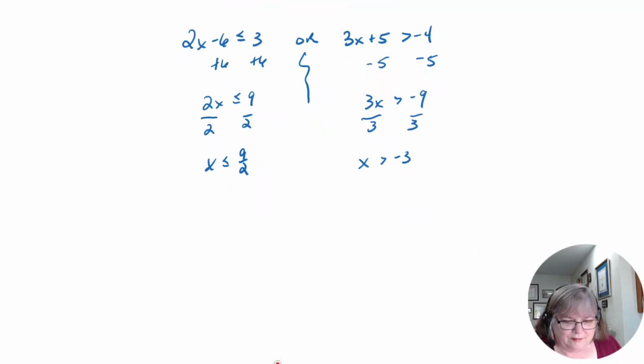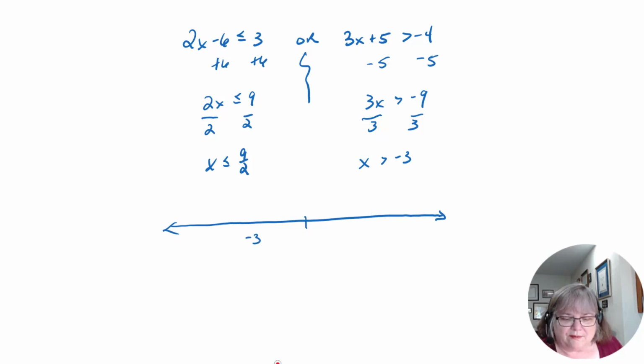So when I graph these, here's negative 3. I want the numbers that are greater than negative 3, that would go this way, and the numbers that are less than 9/2 or equal to, so they'd be squared and go this way.